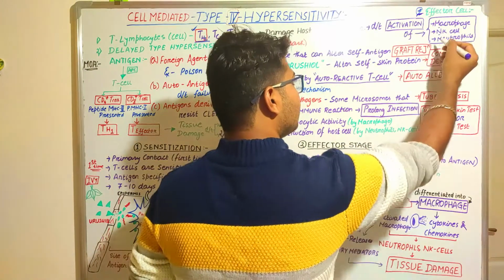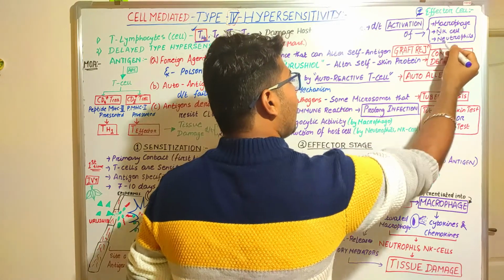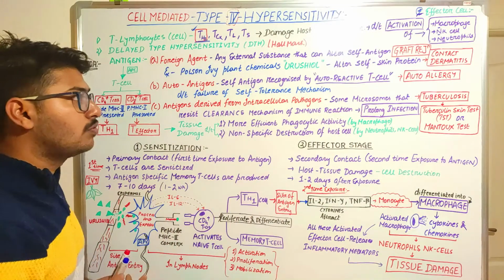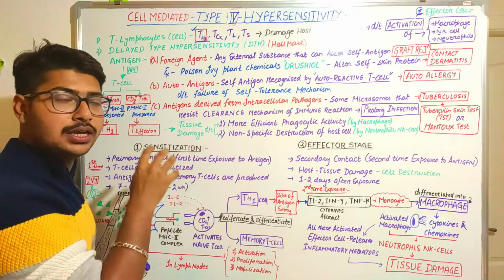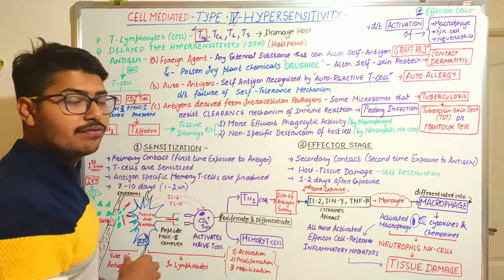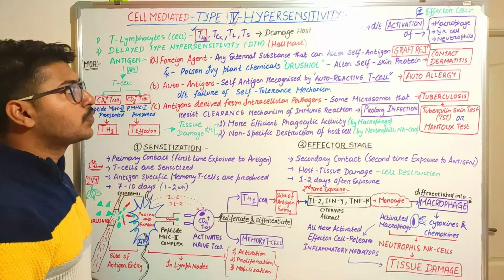What are these effector cells? It can be macrophages, natural killer cells, and neutrophils. So the T lymphocyte, that is Th1, is going to activate these effector cells: macrophages, neutrophils, and natural killer cells.